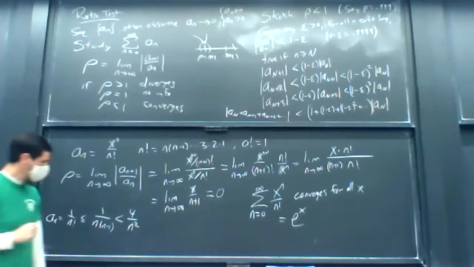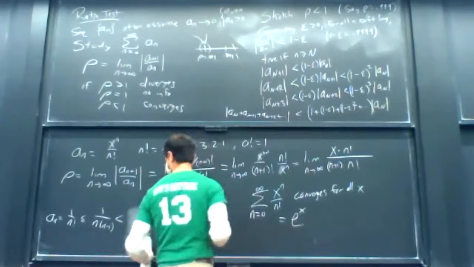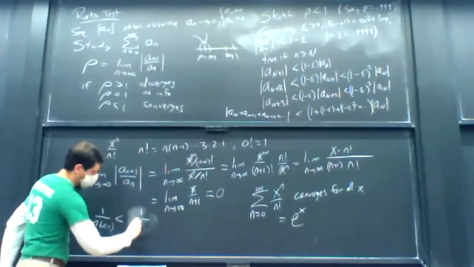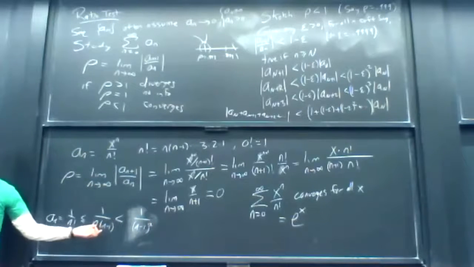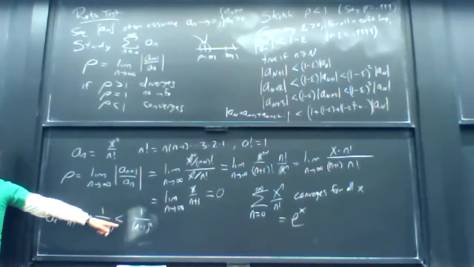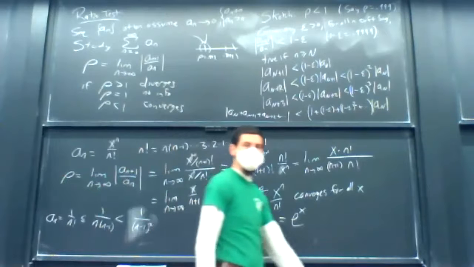Or if you don't want to do that, a more interesting one is this is going to be less than 1 over n minus 1 squared. I make it larger if I replace n with something small. What series could I compare this to now? We have each term an is at most 1 over n minus 1 squared.